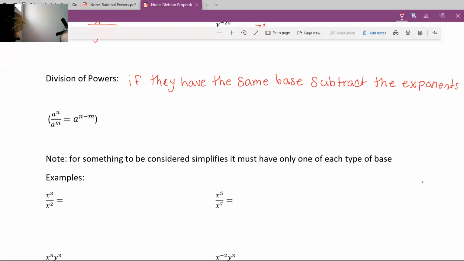So if I had a to the n divided by a to the m, I really have a to the power of n minus m. I'm going to subtract them, top minus bottom.